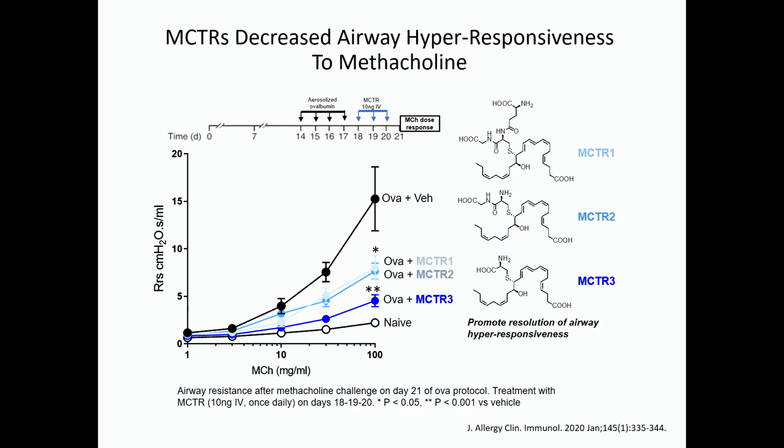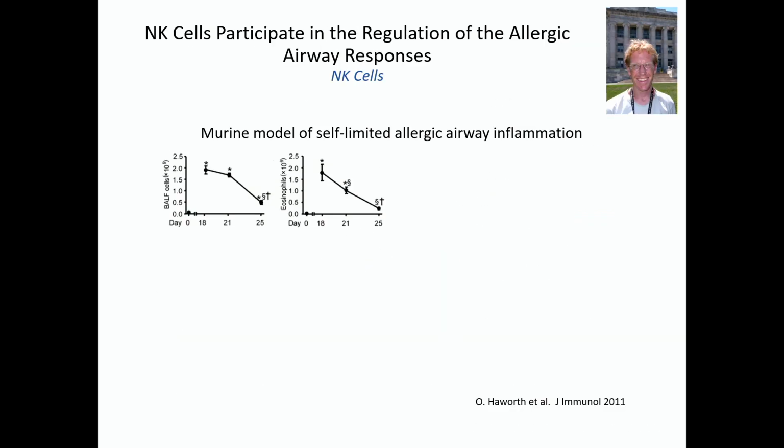So they're promoting the resolution of AHR to methacholine, and not shown in this data set, but I refer you to the publication, they also promoted the resolution of type 2 lung inflammation and edema, the barrier permeability changes.